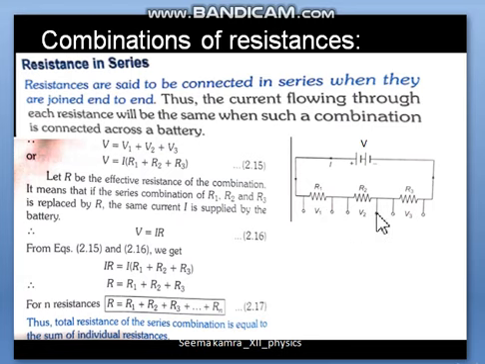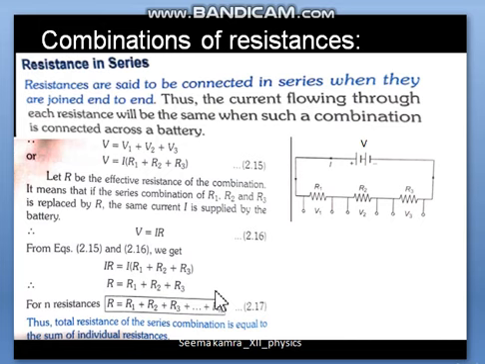Here it will be I2 R2. Here it will be I3 R3. But all three currents are the same, so we write them as IR1, IR2, IR3. And this total voltage we also replace by Ohm's law as IR. I gets cancelled. Thus the total or net resistance is R equals R1 plus R2 plus R3.